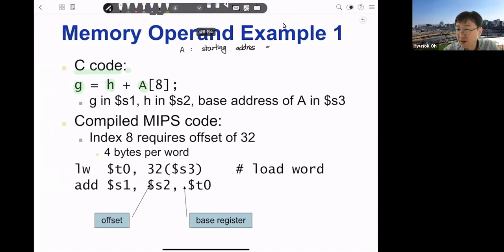So A is equal to the A[0] address. This instruction means we have to read data from h, and then we have to read data from this array. So this array means there is a memory, right? Memory is here.